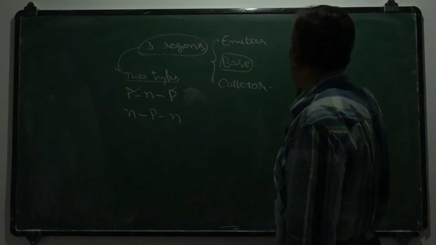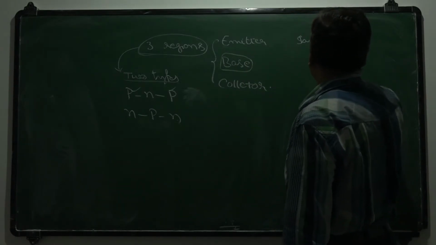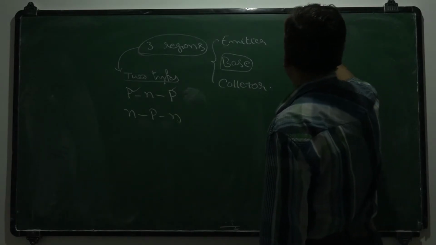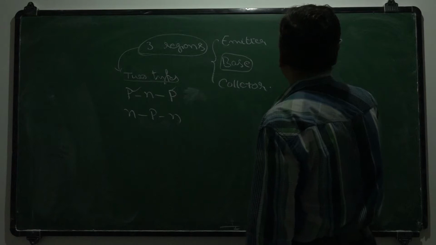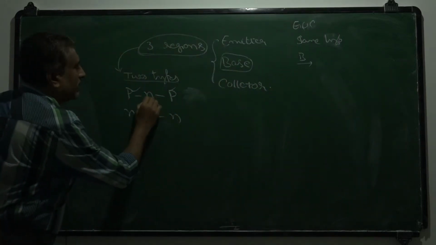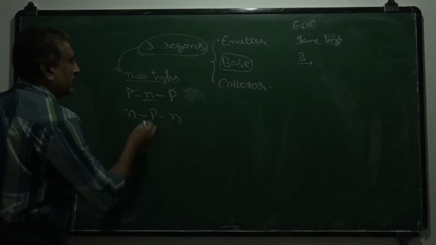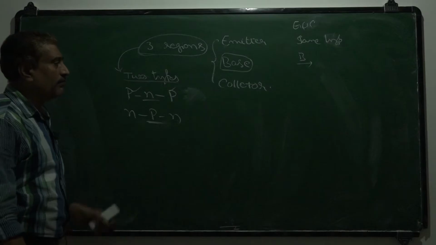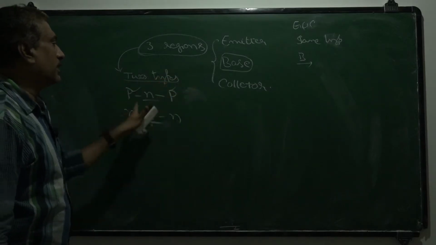The base is of a different type. In PNP, the N type is the base, and in NPN, the P type material is the base. So emitter, base, collector.